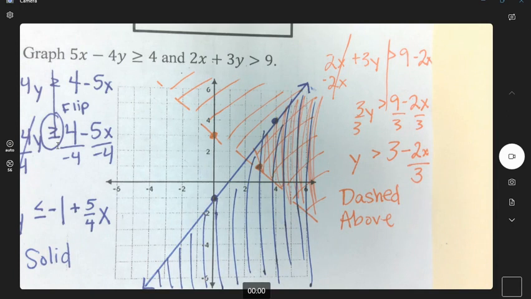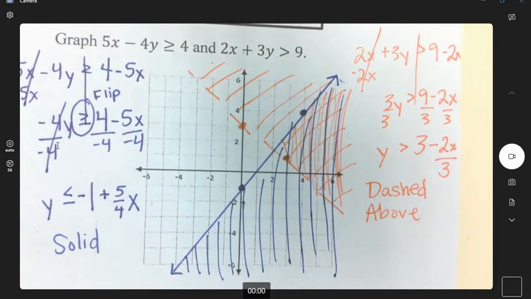Desmos does not do inequalities on its own, so I'm just going to put in the equation. y equals negative 1 plus 5x over 4. So that's my first equation.